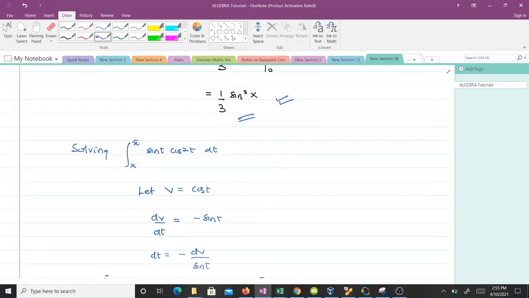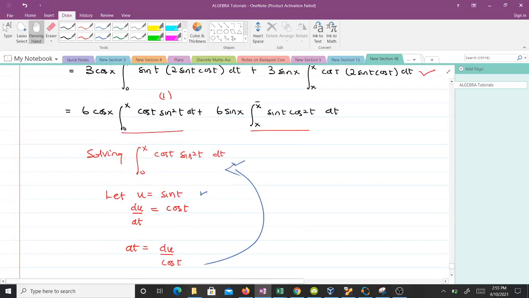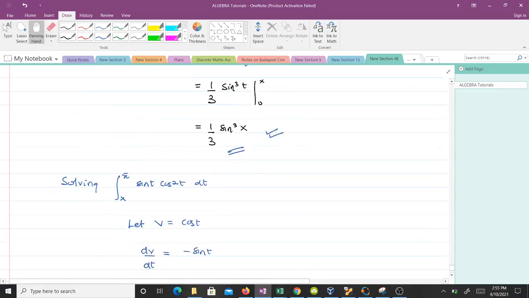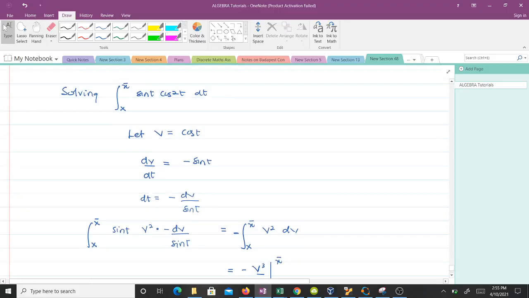Now we come to the second part. So you see, we've solved the first part, so we take the second part. Yes. So with that one, we use substitution method to solve it. So we let v to be equal to cos t. So that means when you differentiate v, dv dt will be given by negative sine t.